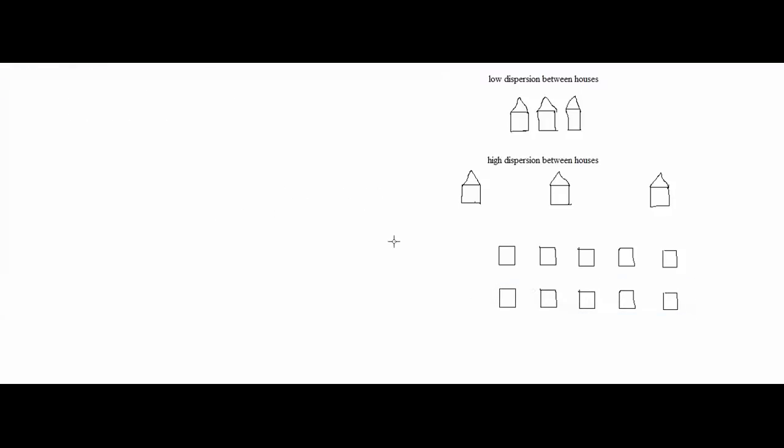And I'll write the speeds of the cars. I'll write the speed above each car. This car is driving at 65 miles an hour. This car is driving 63. Maybe this car is driving 66.